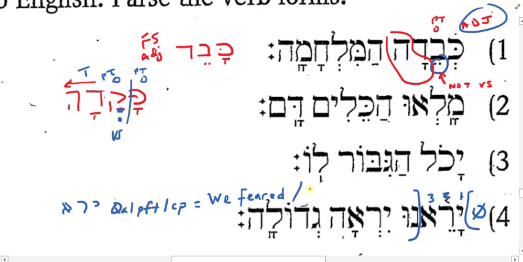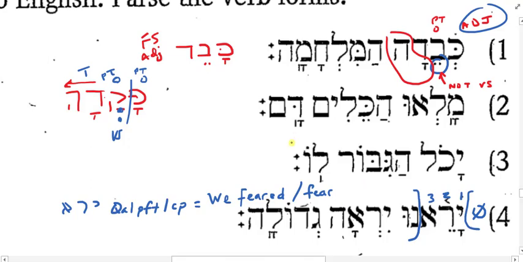Something that Ross mentions, and I mentioned this a long time ago, but I should mention it now, is that stative verbs in the perfect could be translated past tense, but could also be present tense if the context is appropriate. So it could also be we fear. So we feared or we fear. We were afraid or we are afraid.